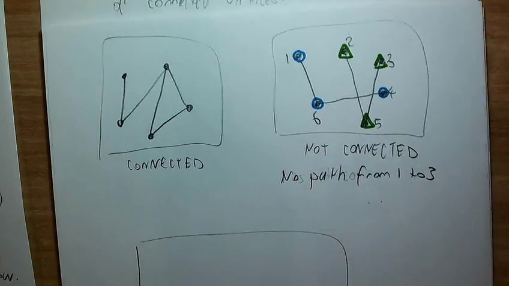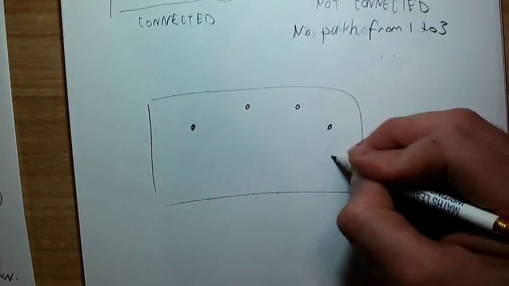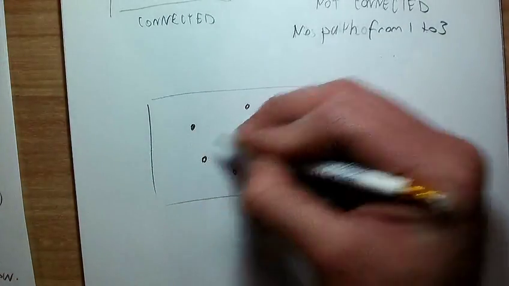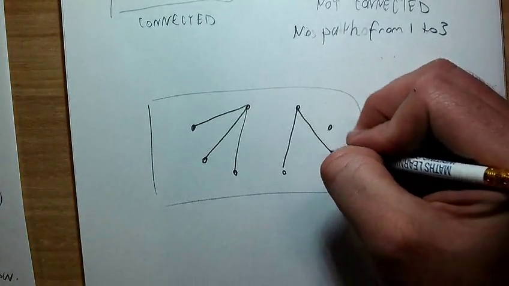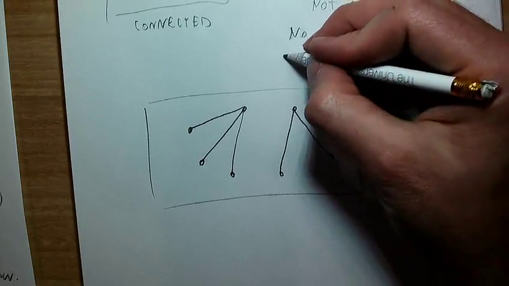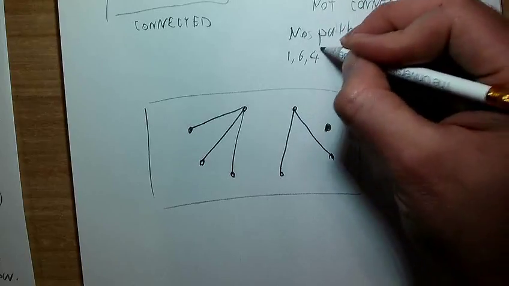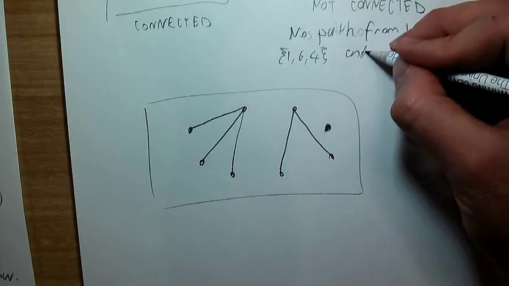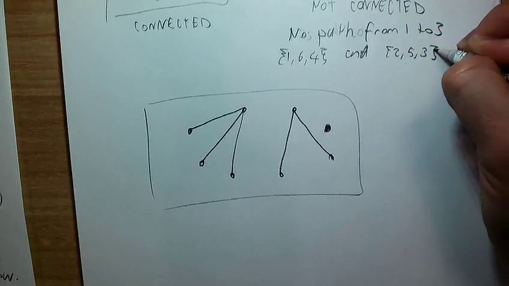So, for example, this one would be disconnected as well. I'm just going to say the components are 1, 6 and 4. And 2, 5 and 3, they are my connected components.